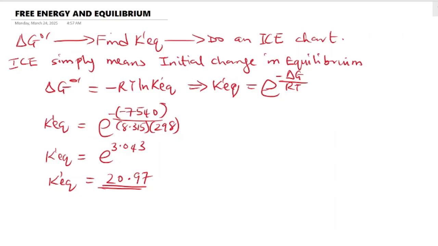Now that we know what the equilibrium constant is, we are going to go ahead and do the equilibrium part of the problem. So let's go ahead and write out our reactions, and we'll do that on the next page.